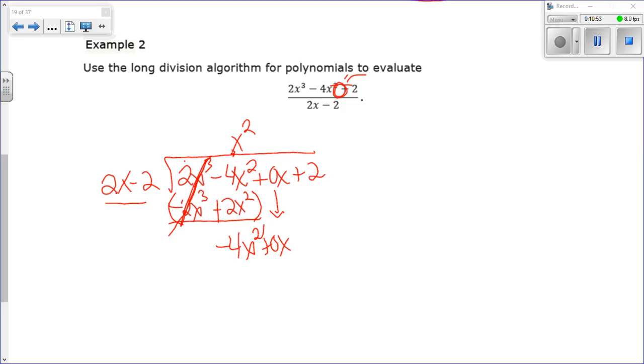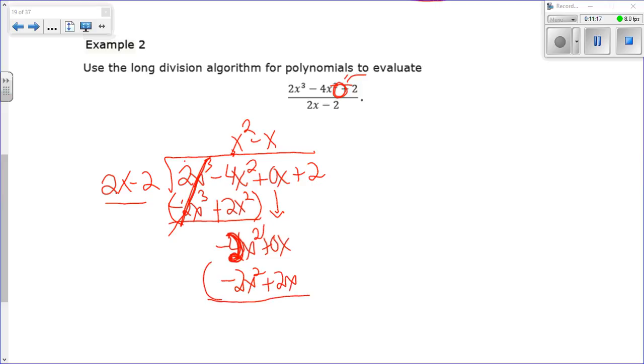Well, actually, I have to multiply it by negative x. So negative x times 2x is negative 2x squared, and negative x times negative 2 is plus 2x.